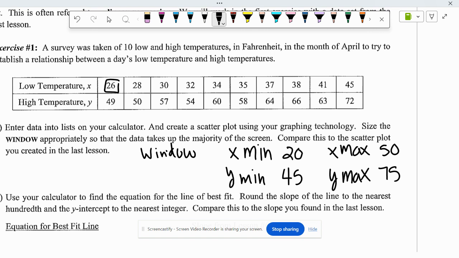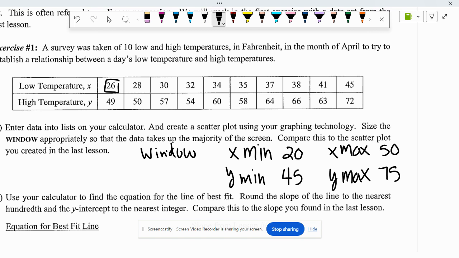Raise your hand if you were not able to enter your data for your X values in L1. What do you got? Okay. Weird stuff going on in there?